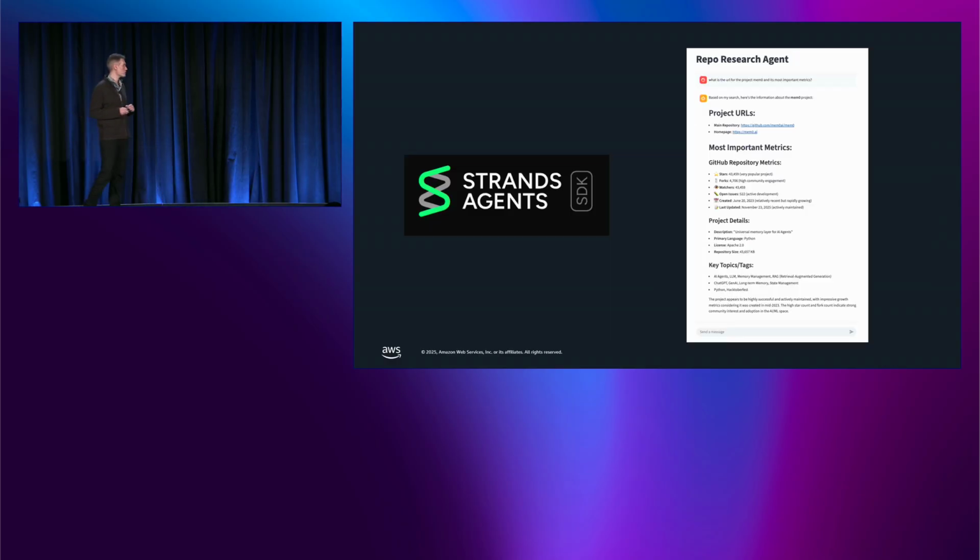Just to give you a quick walkthrough of this example, this is a Strands agent example. If you go to the blog post, you'll see there's really like three lines of code here to create this very simple agent. It's asking a question about the Mem0 project, and it gets a result.